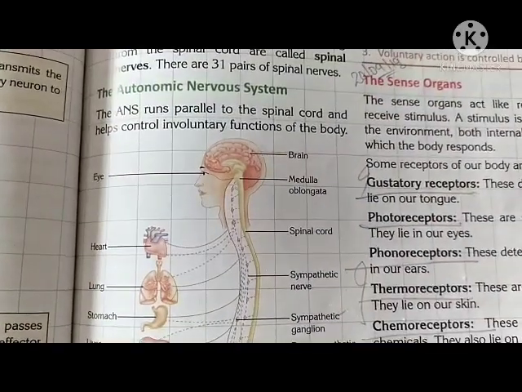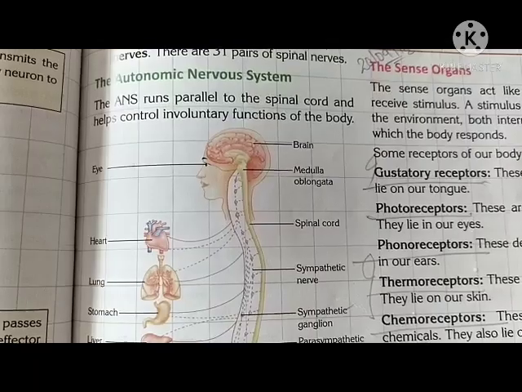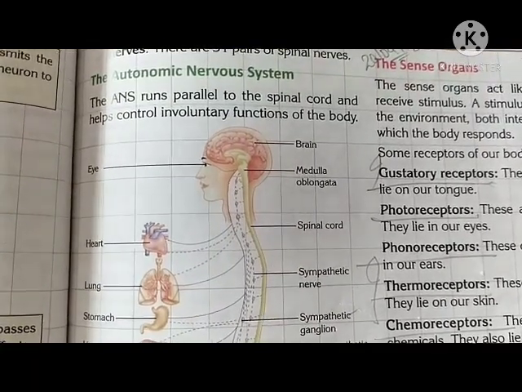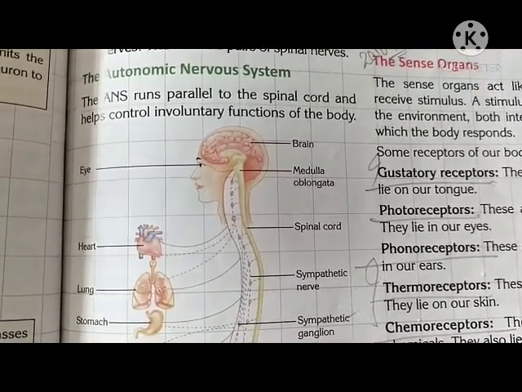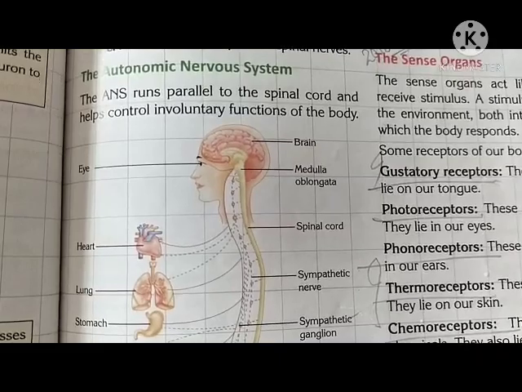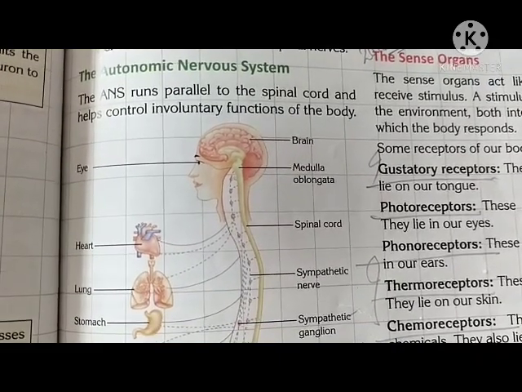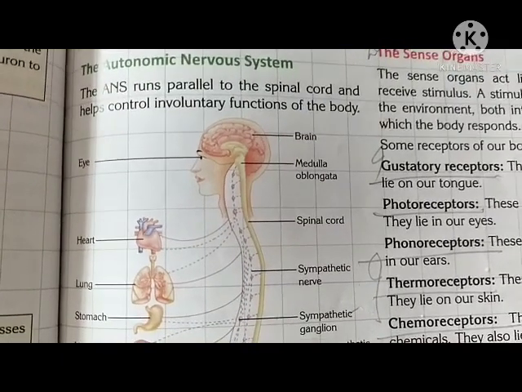After that, here you can see the autonomic nervous system, in short known as ANS. ANS runs parallel to the spinal cord and helps control involuntary functions of the body. What is the function of the autonomic nervous system?